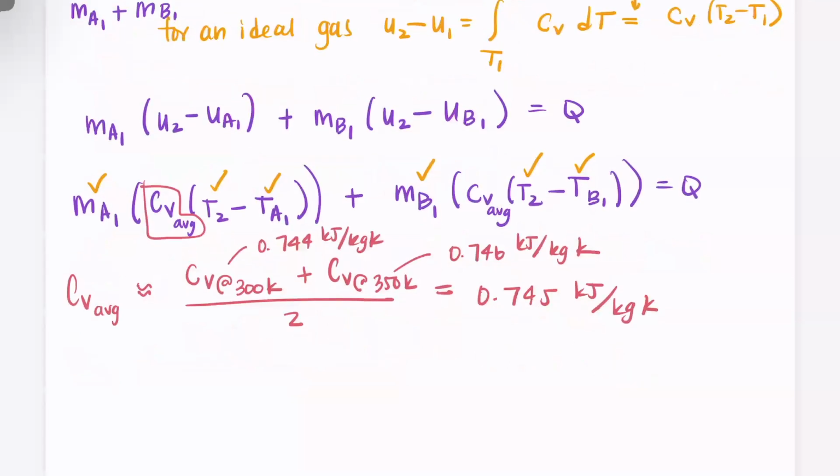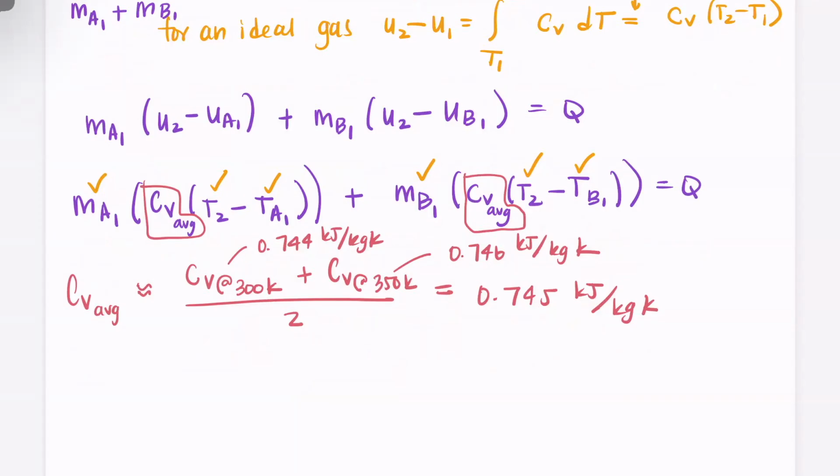And actually, you could do this two ways. You could calculate two different CV averages, depending on the difference between T2 and the temperature in tank A, and then T2 and the temperature in tank B. Or you can say, I will take the average between the extreme temperatures in the system.